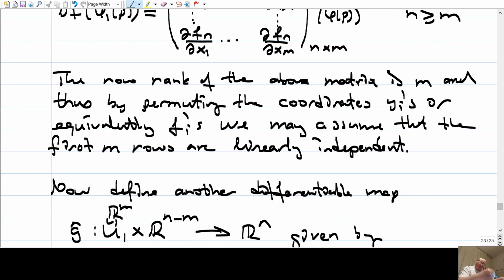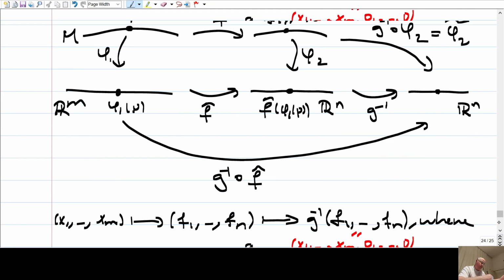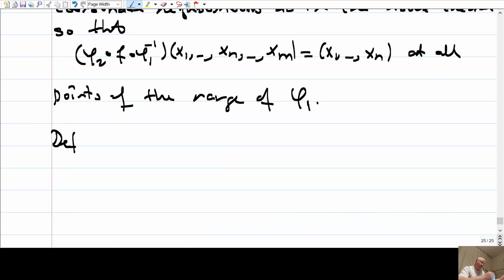Namely, we multiplied U1 with some extra copies of R so that it became an open subset of Rn, and G hat became a local diffeomorphism, and we used that to obtain the required coordinate function.